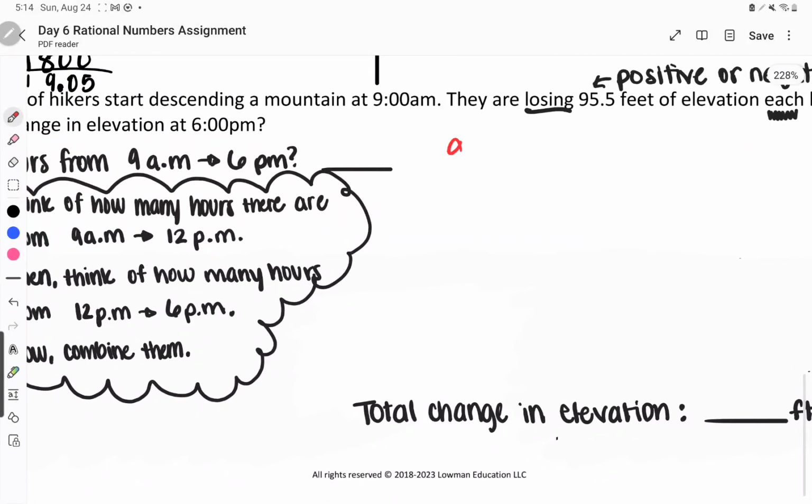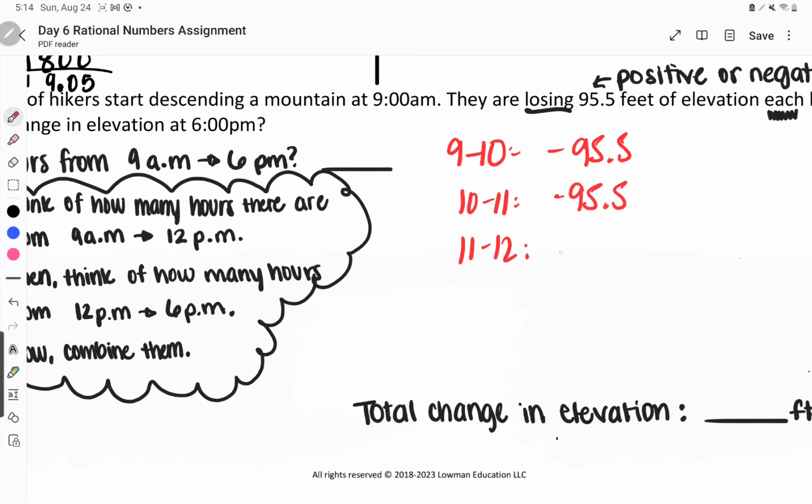So at 9 a.m., from 9 to 10, they lost 95.5 feet. From 10 to 11, they lost 95.5 feet. From 11 to 12, they lost 95.5 feet.